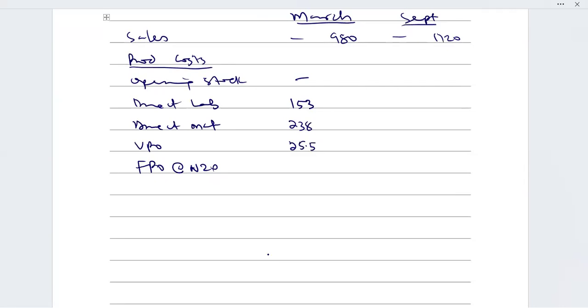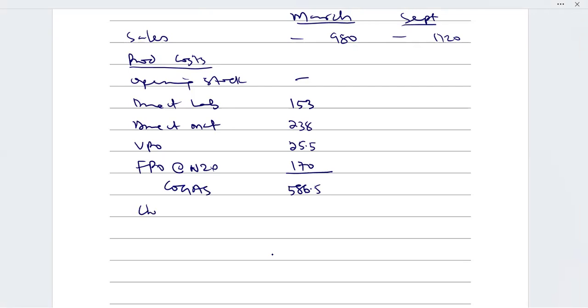Therefore, 8,500 multiplied by 20 gives 170. Add it up: 170 plus 25.3 plus 238 plus 153 gives 586.5. So this is COGAS.